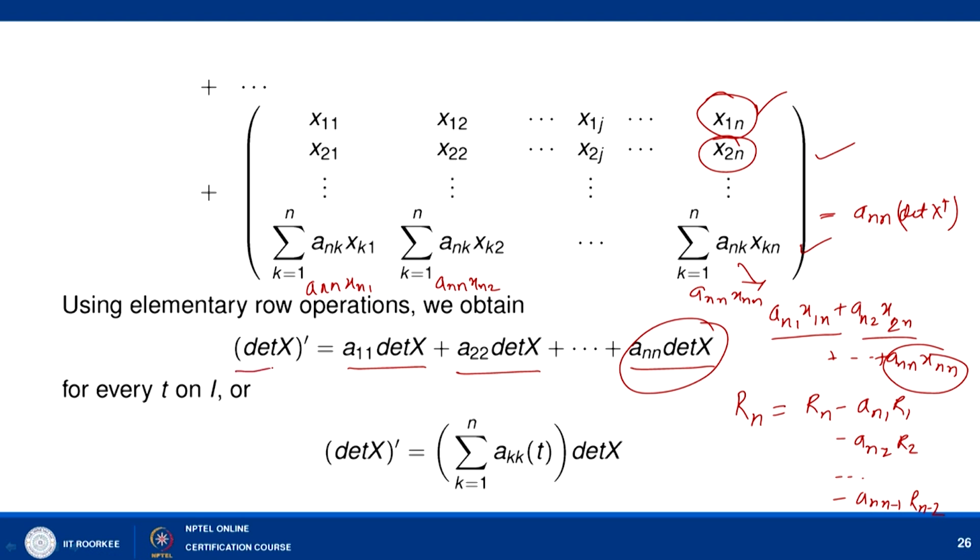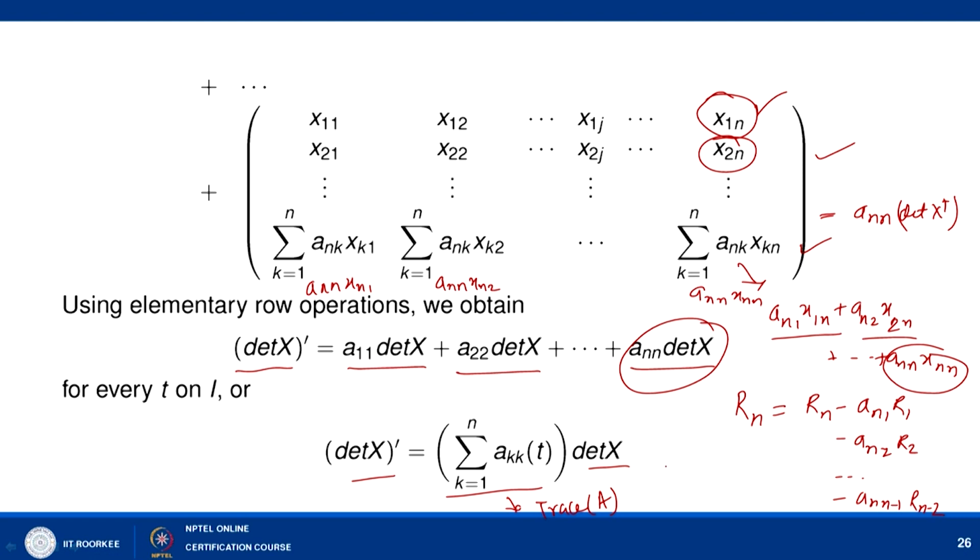So, here we write the derivative of determinant of x equal to a11 determinant of x plus a22 determinant of x and so on, and if we simply sum this, then the derivative of determinant of x equals the sum over k equal to 1 to n of akk times determinant of x. If you look, this is nothing but the trace of the matrix A. So, trace of the matrix A. It means that the derivative of determinant of x equals trace of A times determinant of x.